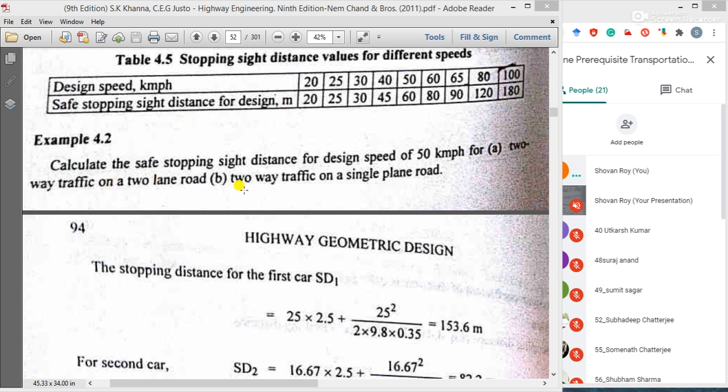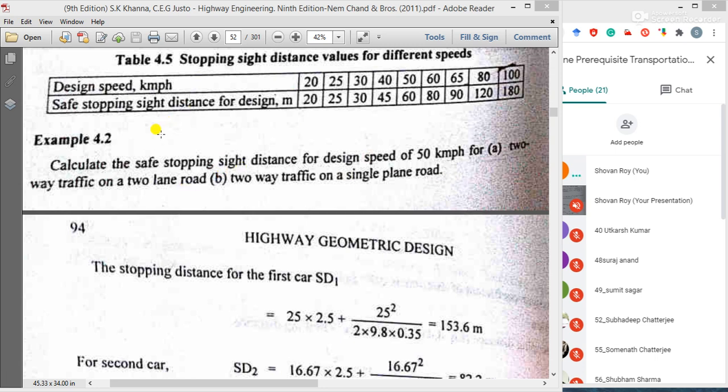And number two, two-way traffic on a single lane road. That means no divider is there, but traffic is going in two-way directions. So the condition is different.